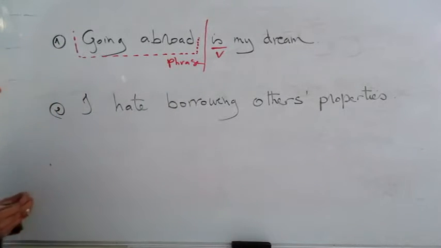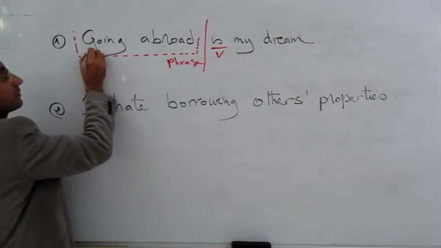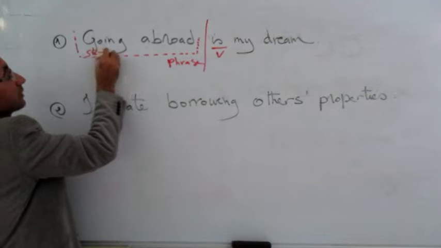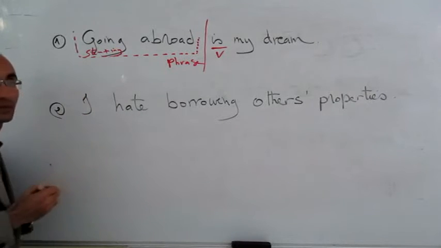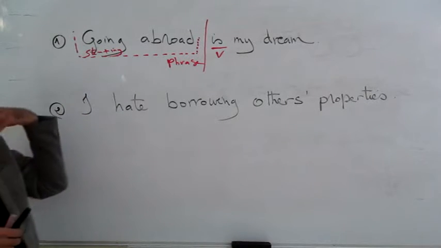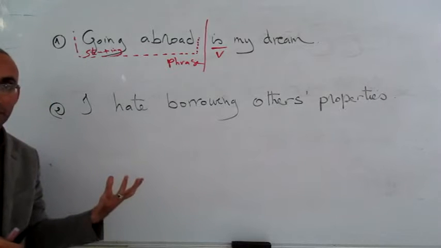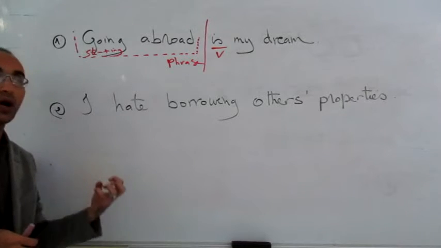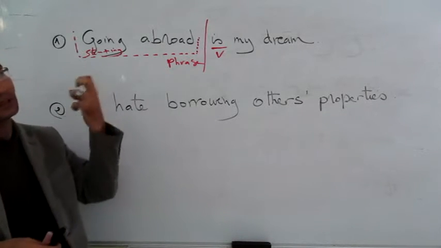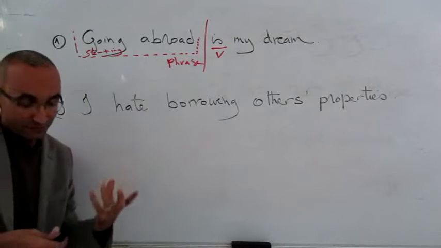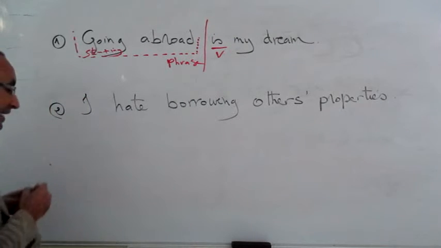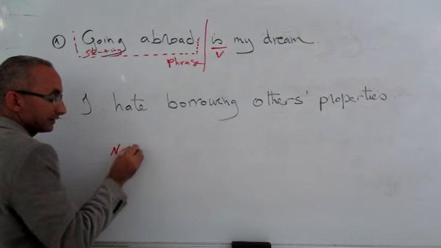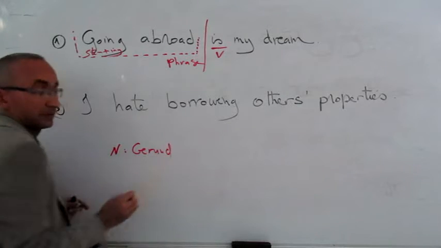Now look at how this sentence starts. It starts with the form stem plus ing. And we said that stem plus ing can be either a gerund or present participle. We said that if the stem ing acts as a noun, it is a gerund.